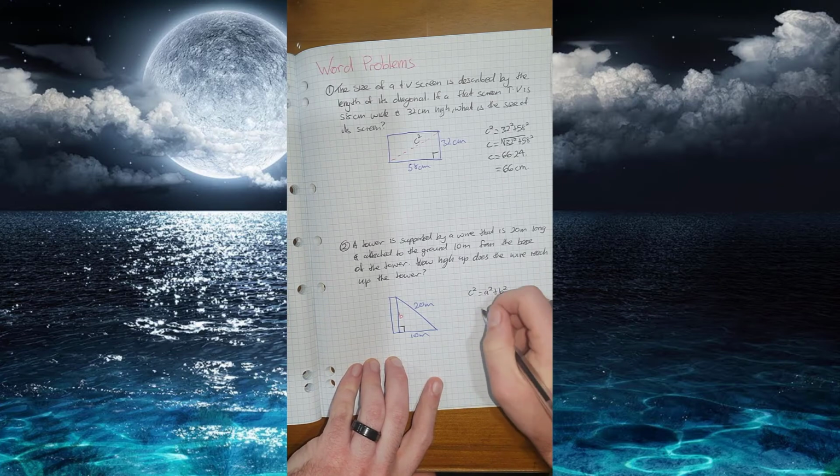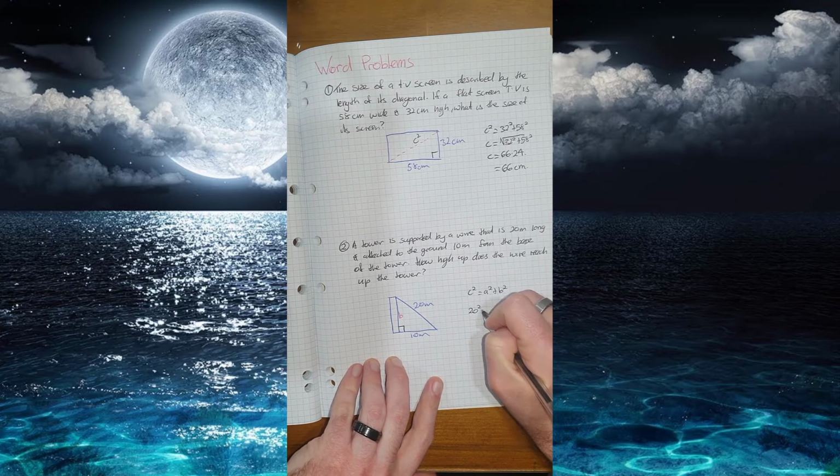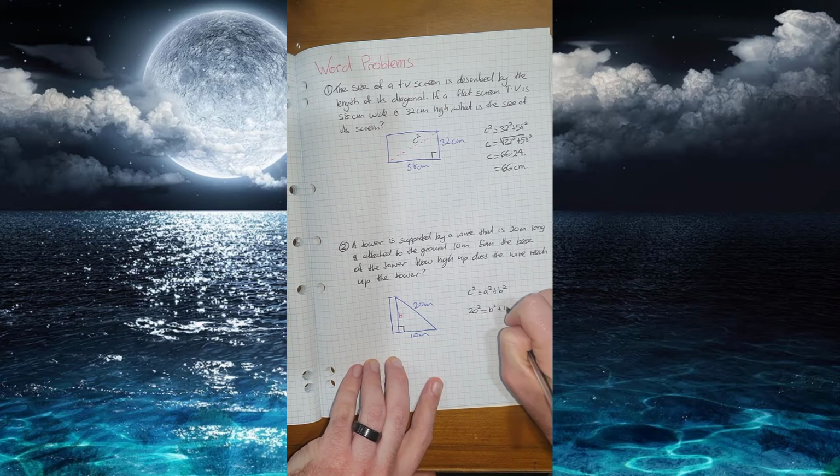So I know what C squared is, it's 20 squared equals B squared plus 10 squared. Now let's rearrange this whole thing. B squared equals 20 squared take away 10 squared.